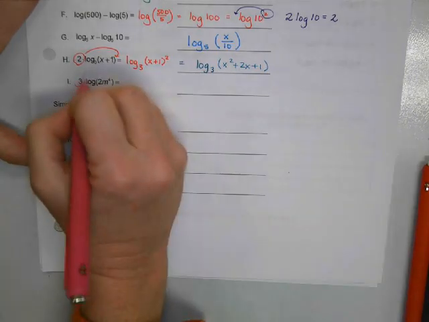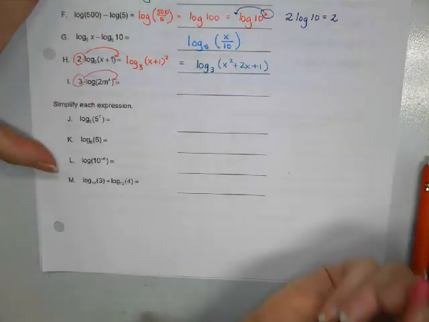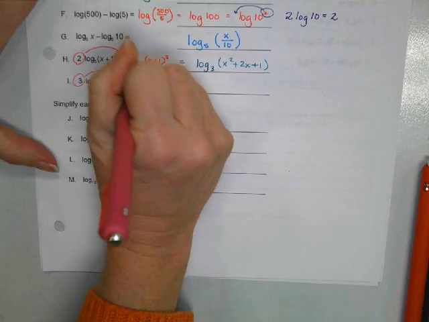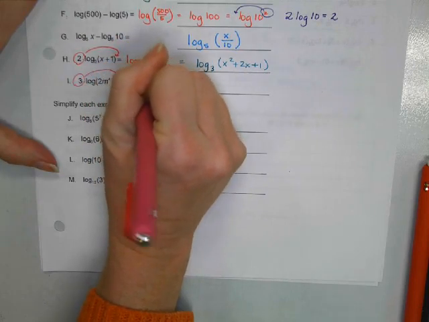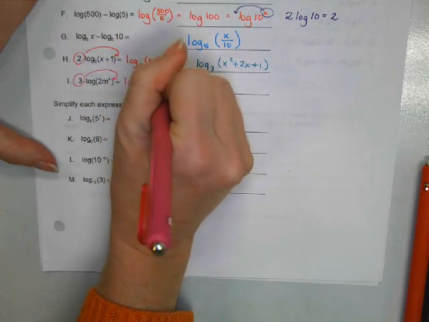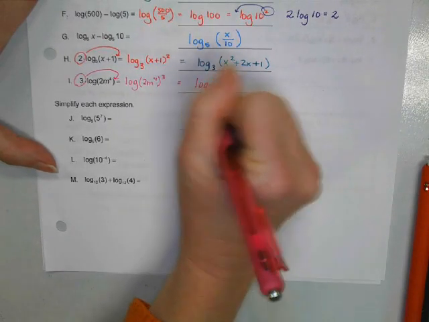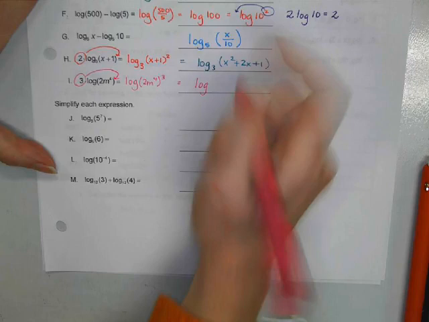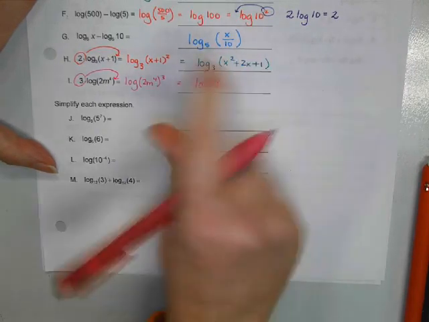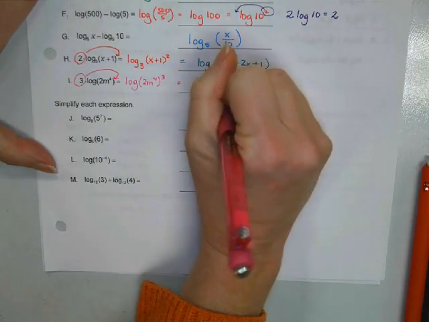I'm going to do the same thing here. 3 goes back onto the argument. So that's going to be log of 2m to the 4th raised to the 3rd power. So if I simplify that, that's going to be log of 2 to the 3rd is 8. M to the 4th raised to the 3rd is m to the 12th.